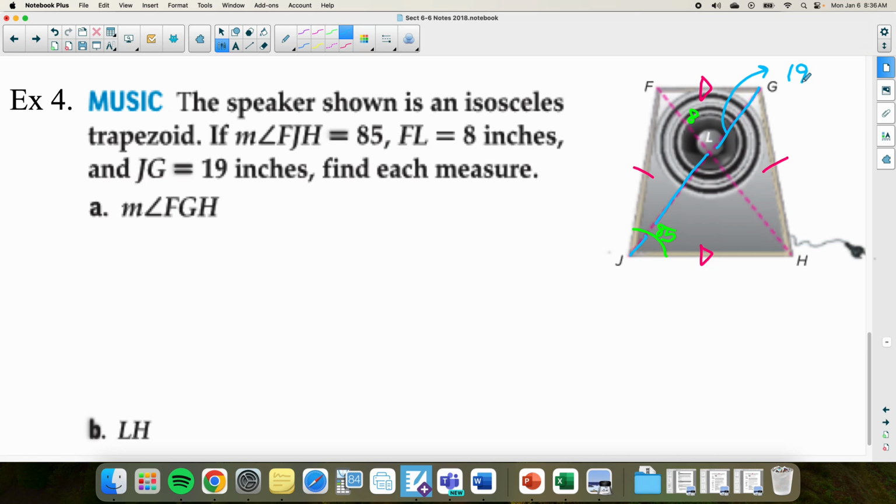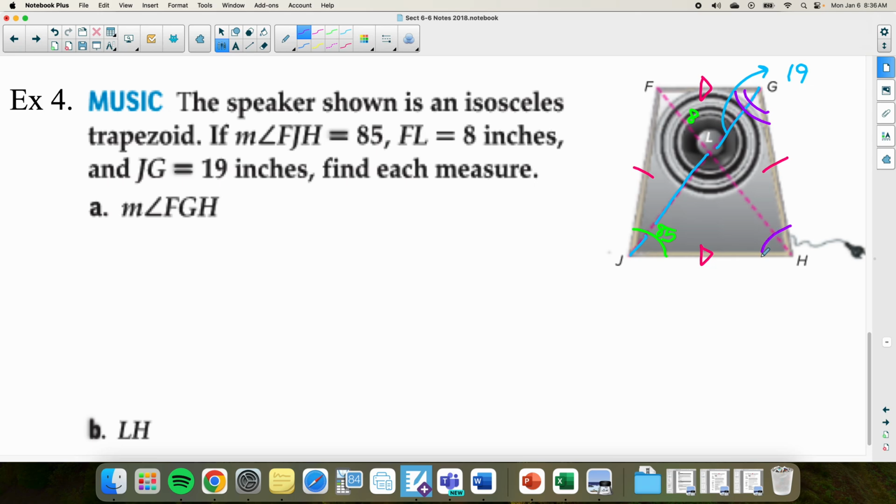So what I'm going to do first is look for angle FGH right here. Anyone know? We can't directly find it, we'd have to do 2 steps. Anyone see what you'd have to do? Do we know what this angle right here would be?